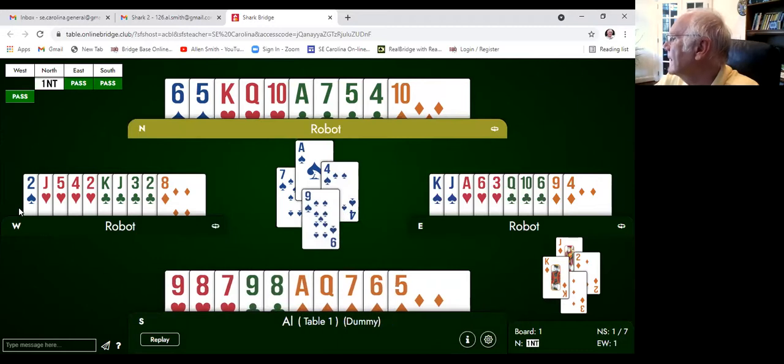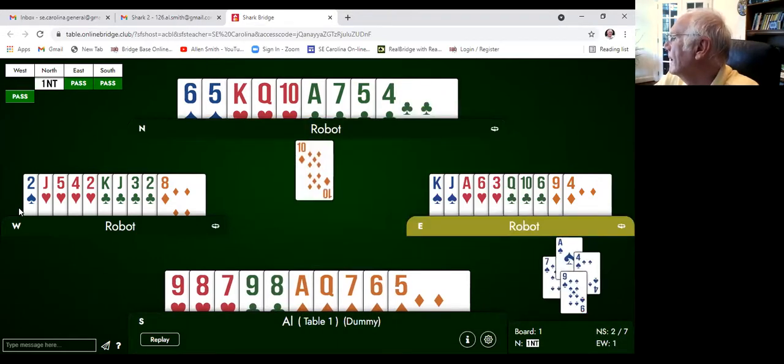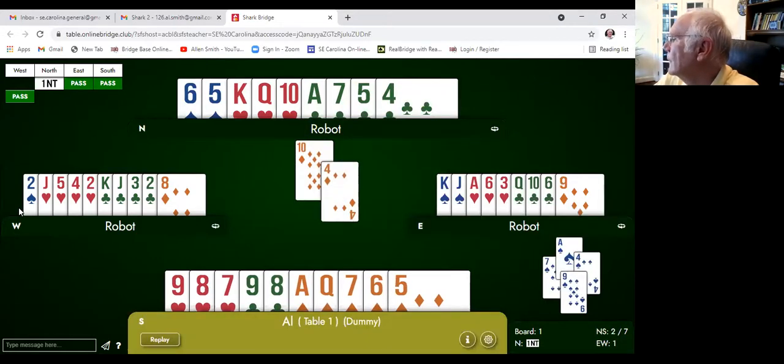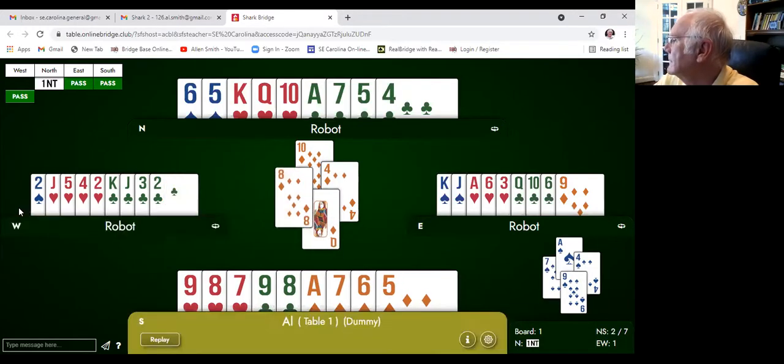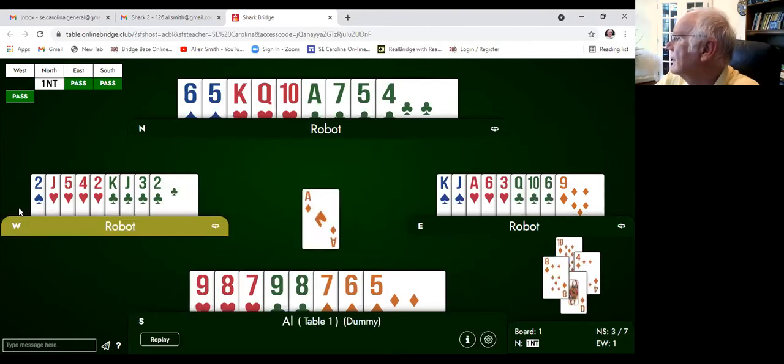Now we're going to play the diamonds. And we're hoping that they split, and lo and behold, they do. Okay, so now we take 4 diamond tricks.